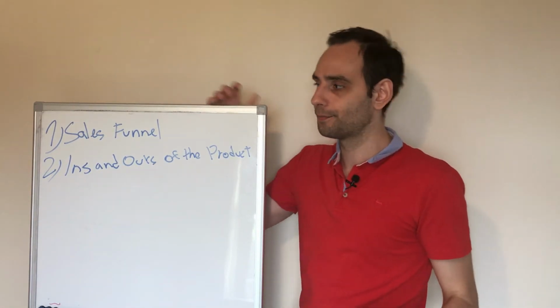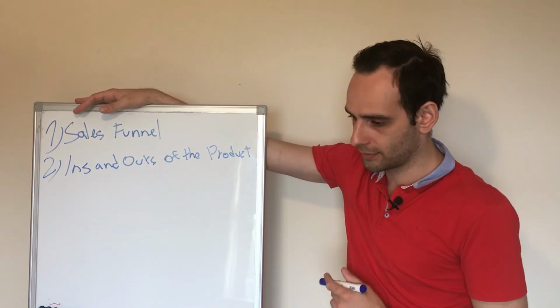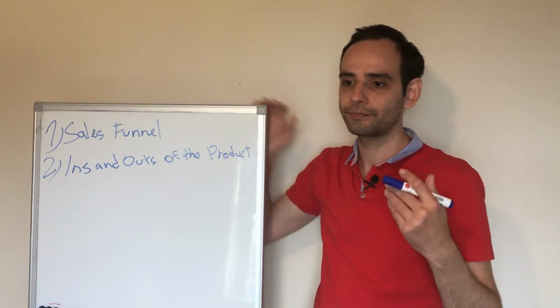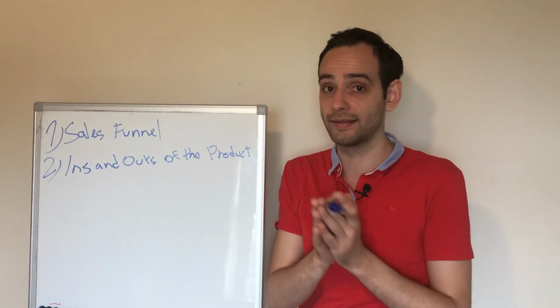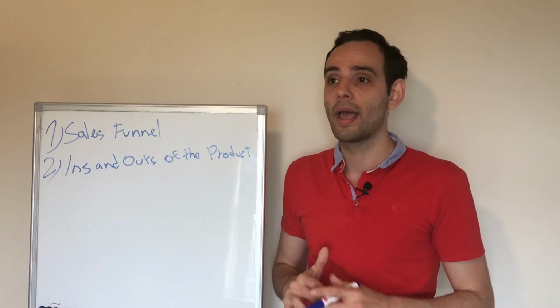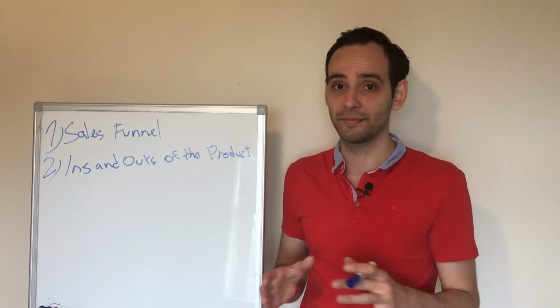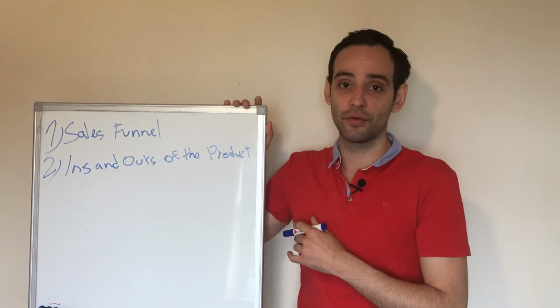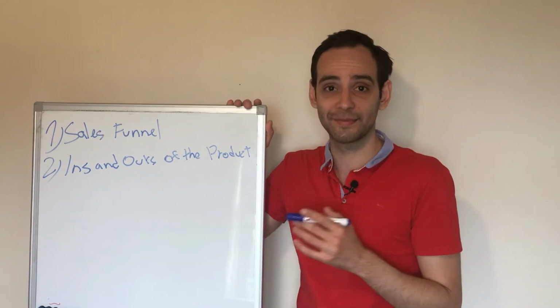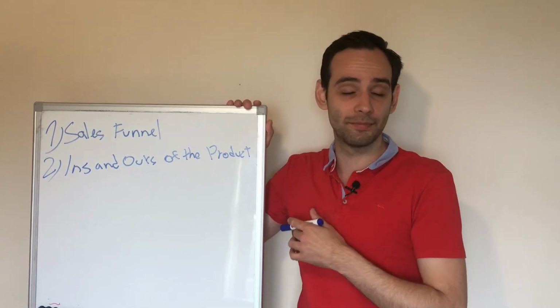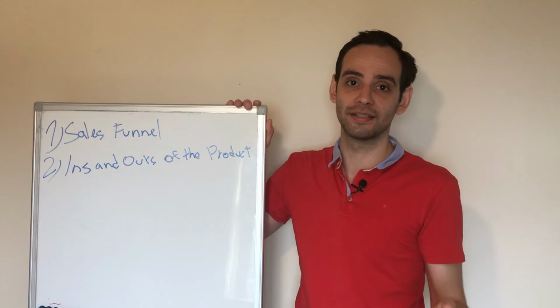However, on the other hand, knowing the product's ins and outs is going to help you analyze the pros and the cons of the product. Now, any product has pros and cons. Even if you go for the crappiest product ever, you will find some pros in it. If you go for the best product ever, you will find some cons in it.